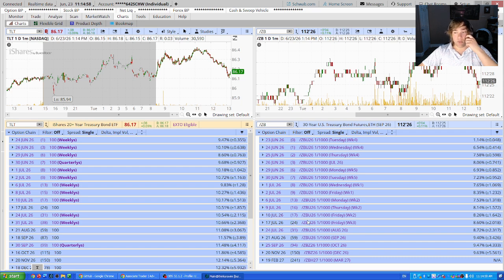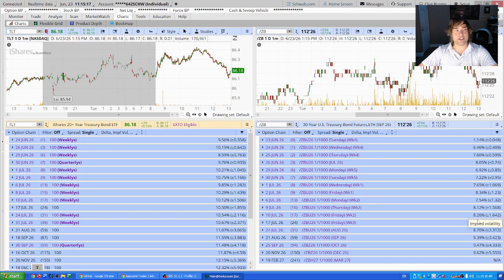Here, we see that for the 10th of July on the ZB contract, which is roughly the same duration as the TLT ETF, we have a priced implied volatility of 8.26%. And I didn't even look at this before. We're going live in this example.